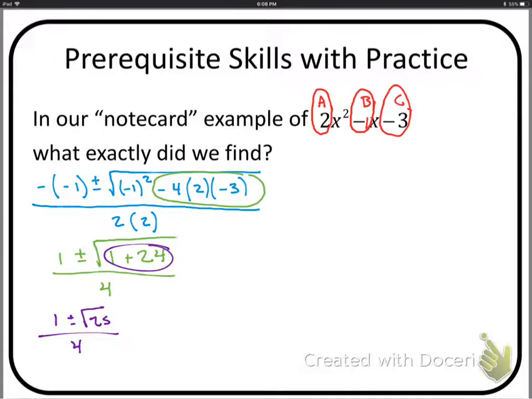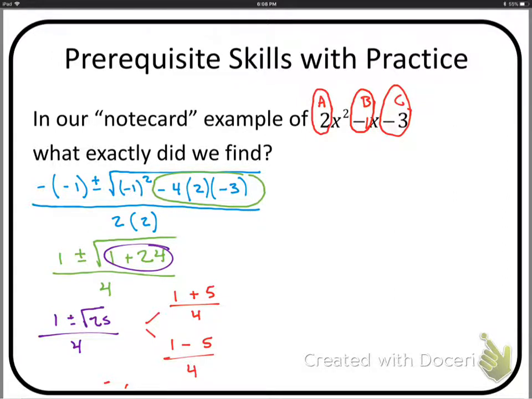So this is really going to get split into 1 plus 5 divided by 4, and then 1 minus 5 divided by 4. Square root of 25 is 5, which is why we have these two 5s here. And we just split the plus or minus from the formula.